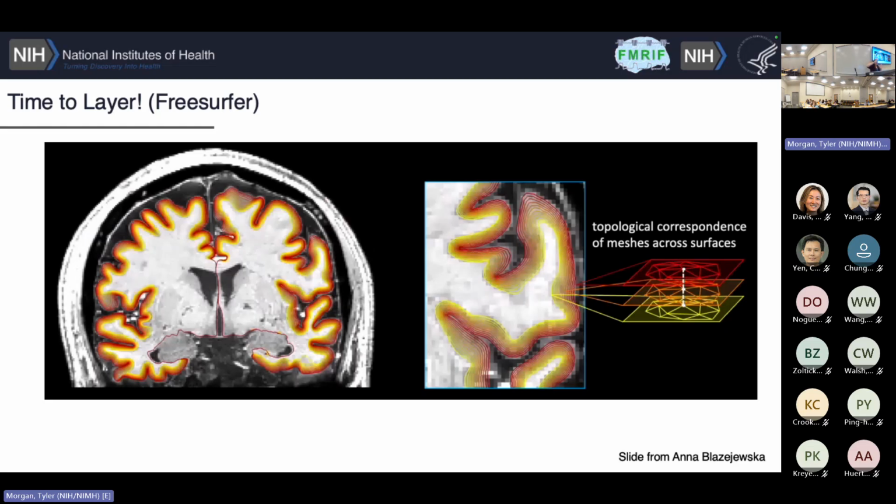This means that you have an already built-in version of cortical columns, because basically you just have all these lines that are going directly into the cortex. And I'll also point out the work that I showed where they were looking at connectivity between different columns between different eyes in V1, that was done using a method like this.